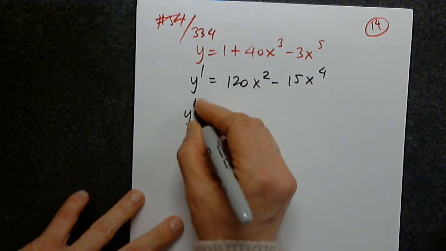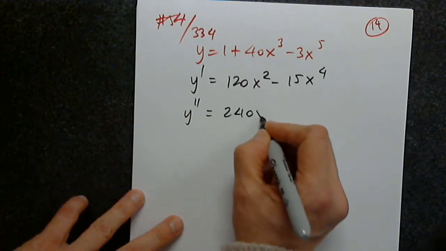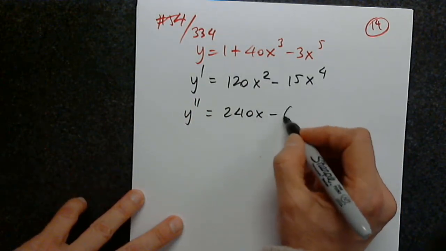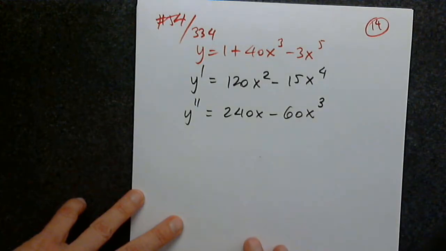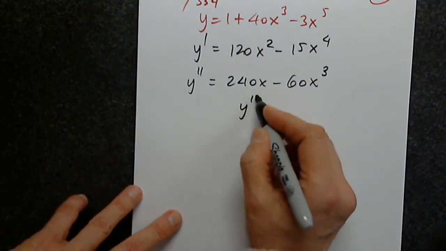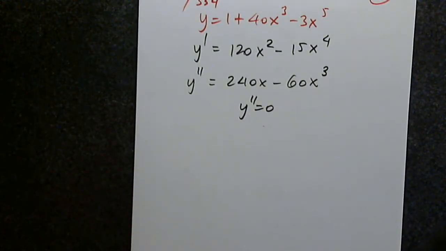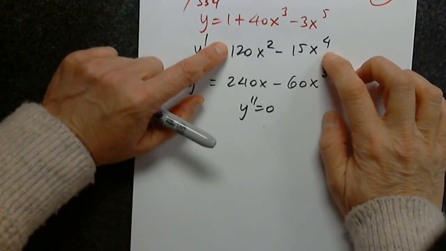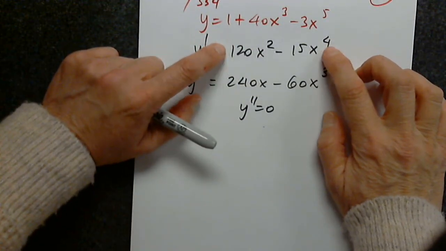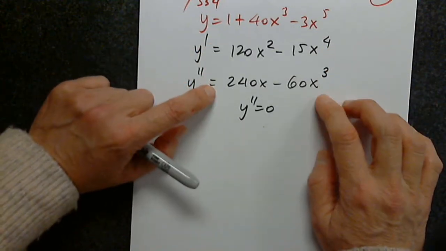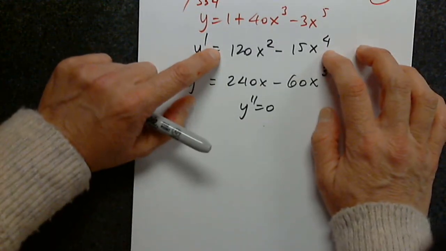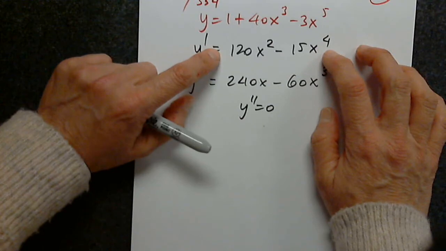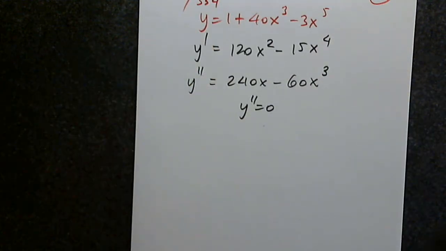I find the second derivative, which is 240x minus, is it 60x to the third? So I want to set this equal to 0. Find the critical numbers of this function and find where it is maximum. But I'm studying the derivative, to find where this one is maximum. Is that clear what we're doing?